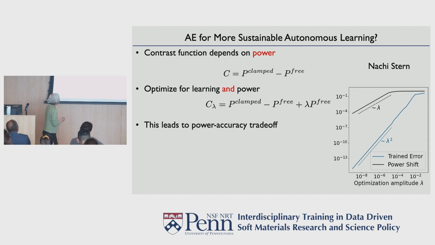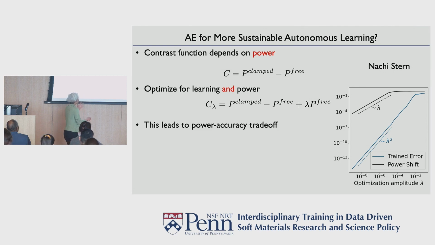So in addition to this, I can add a piece which is just proportional to the power in the free state. Now if I minimize this, I not only want to lower the error, but I want to lower the power too. But there's a trade-off. The most extreme example is that if I make lambda very, very large, then I just want to minimize the power.